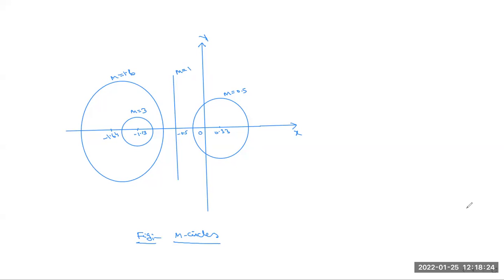Another one is the constant phase angle loci. That is the locus also. Sorry, this is the M circle.